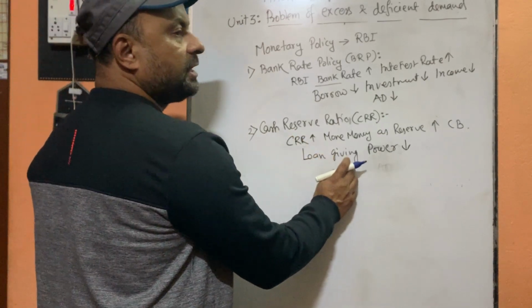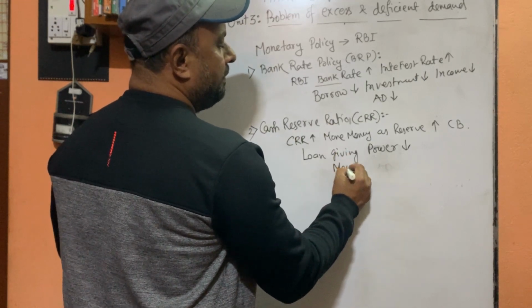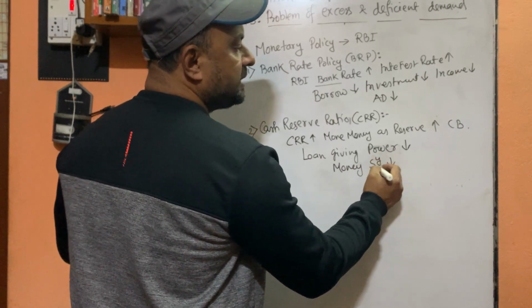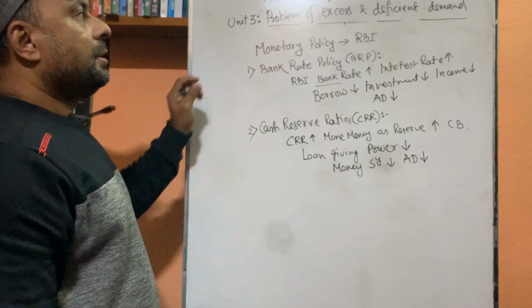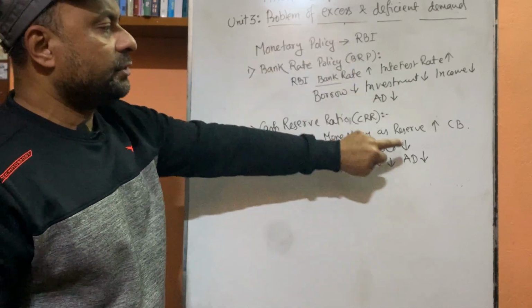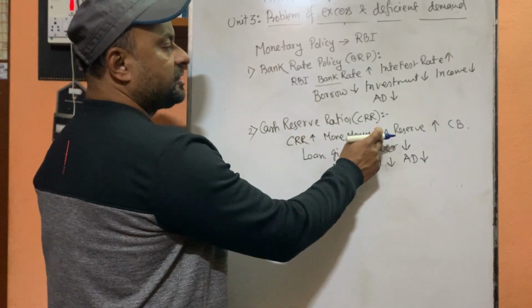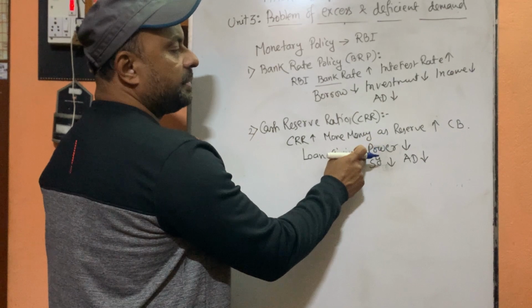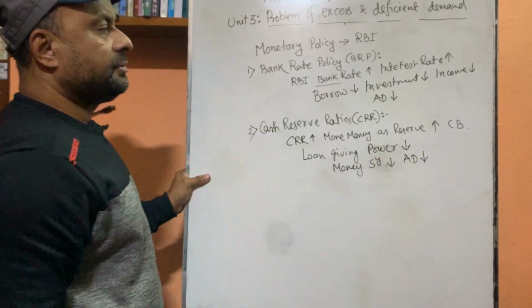So money supply of the economy reduces. If money supply reduces, aggregate demand of the economy also reduces, because in excess demand our target is to reduce aggregate demand. So CRR increased, commercial banks keep more money with the central bank, their loan giving capacity reduces, money supply reduces, aggregate demand also reduces.